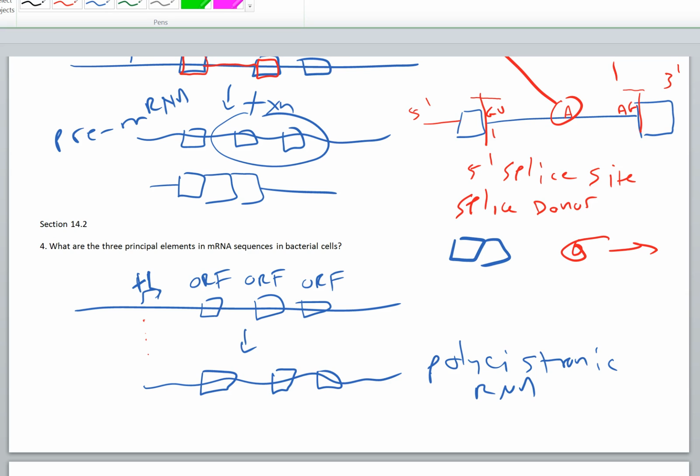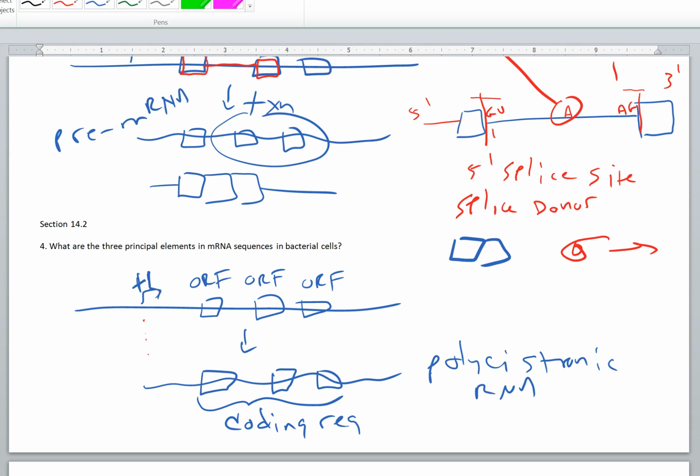And so when they talk about the different characteristics, we can think of all of this as a coding region. This happens to contain 3 open reading frames, so it codes for 3 proteins. And this is the 5' end of the RNA. This is the 3' end of the RNA. And this would be the first start codon.